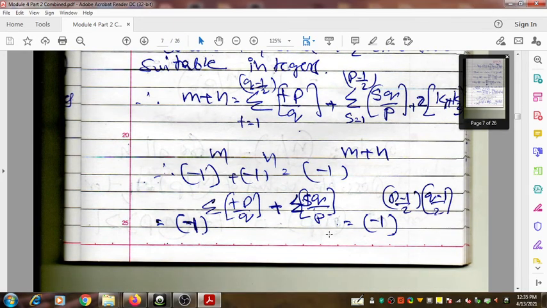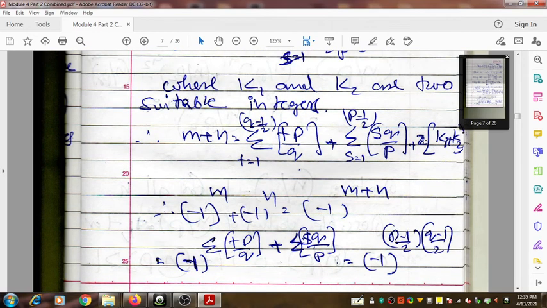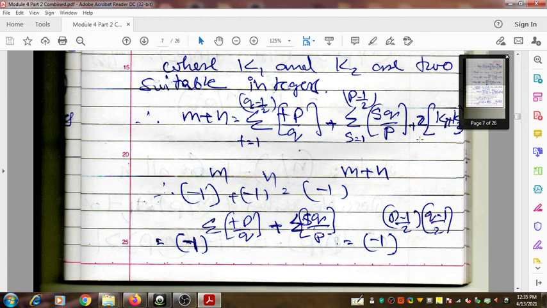Here this quantity also has 2 into (k1 plus k2), but when we expand that expression, minus 1 raised to an even number is plus 1, and hence it has no effect.